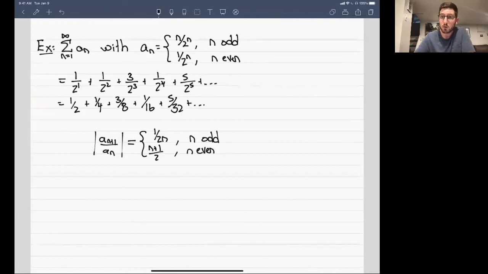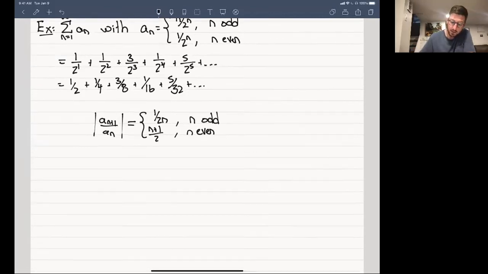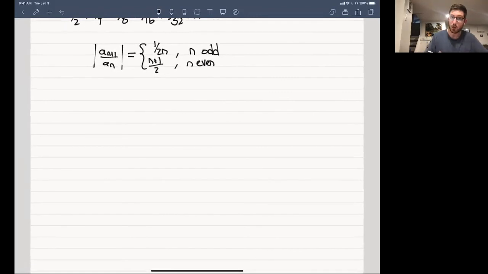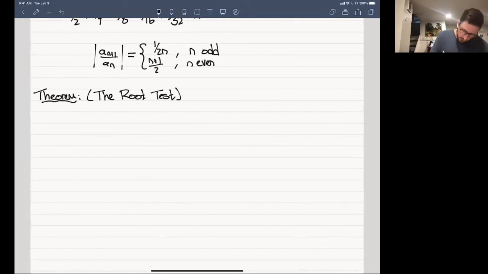Luckily, we have one more test that we can use in this case, and that's called the root test. So let's give it as another theorem, and then we'll see how it can help us with this example. This is called the root test. In the same setting as the ratio test, let the sum of a_n be any series.